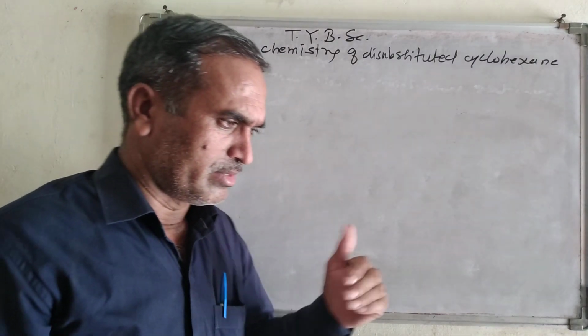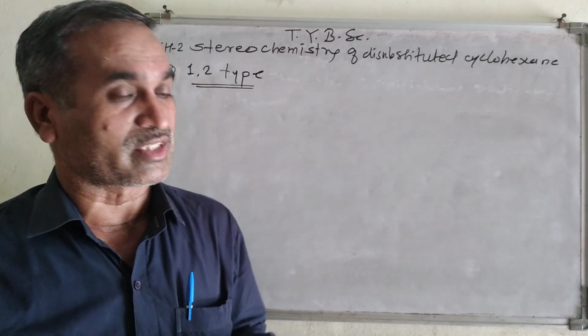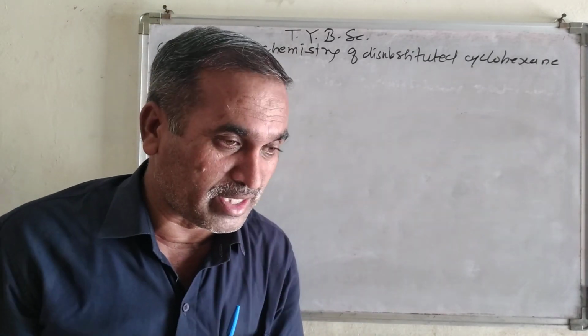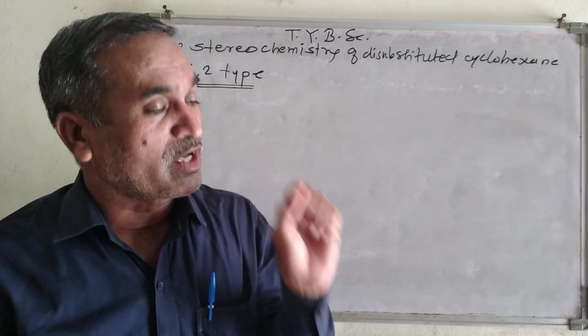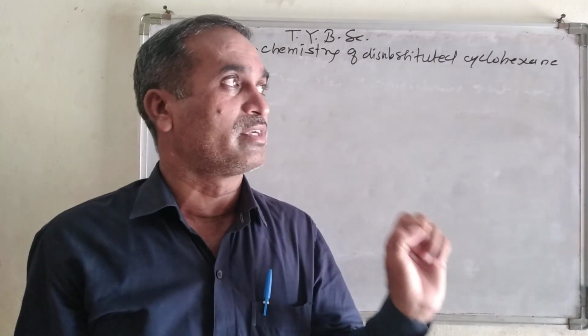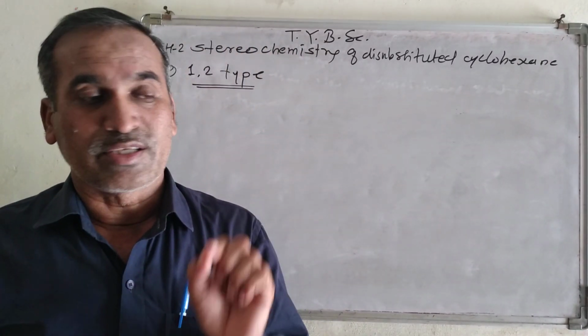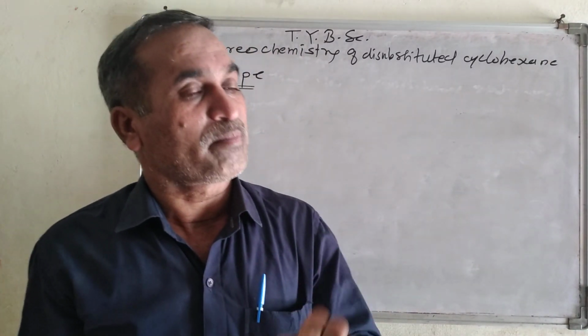Remember, right? And in case of 1,1 disubstituted cyclohexane, a mirror plane is present, and therefore it is optically inactive in nature, right? Because it has a plane of symmetry.